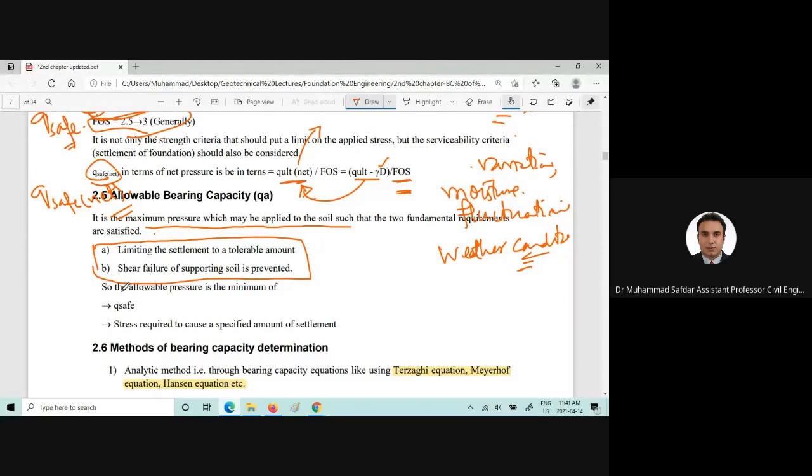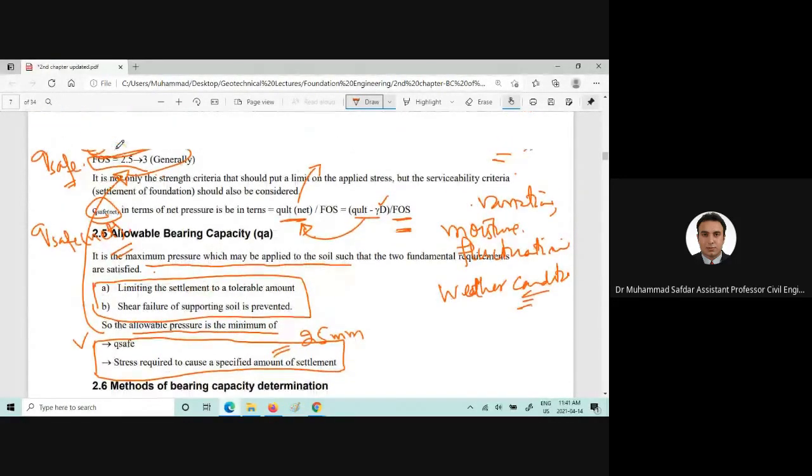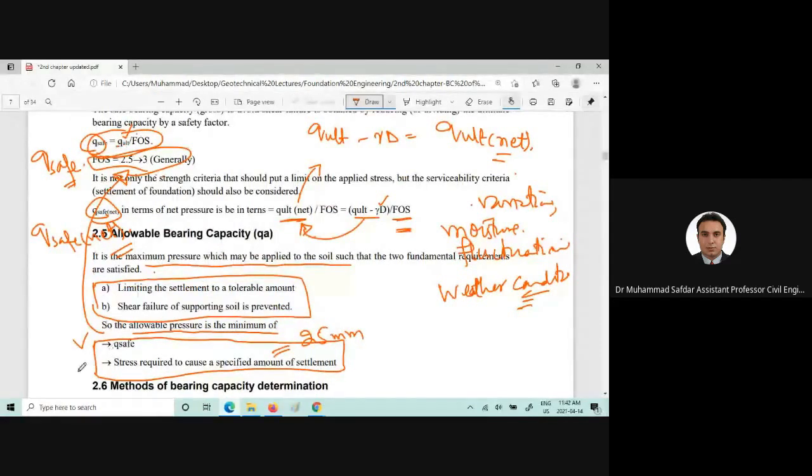Now the allowable pressure is the minimum of Q safe and the stress which is required to cause a specified amount of settlement. So the minimum between these two: Q safe, which is obtained from the Q ultimate divided by the factor of safety, and the stress which will be studied in the settlement lecture, how we will find out this bearing capacity.